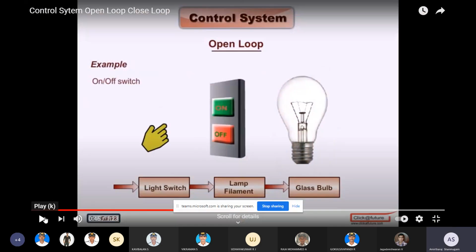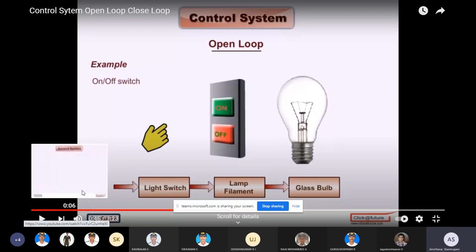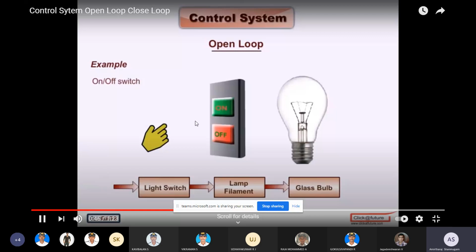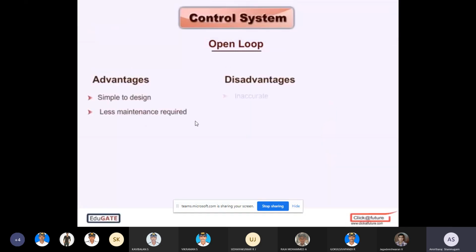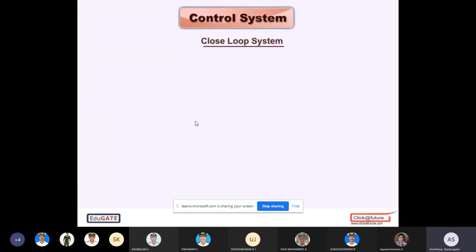Whatever concepts we discussed are displayed in this video also. Directly, the open loop control system: the lamp filament is controlled directly by switches. And we also have some advantages and disadvantages that we discussed previously.